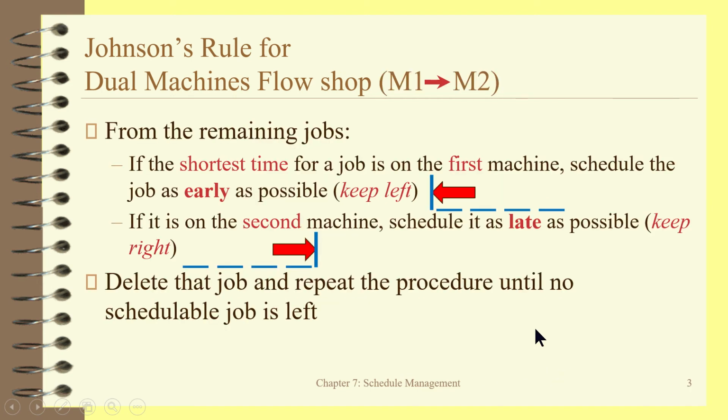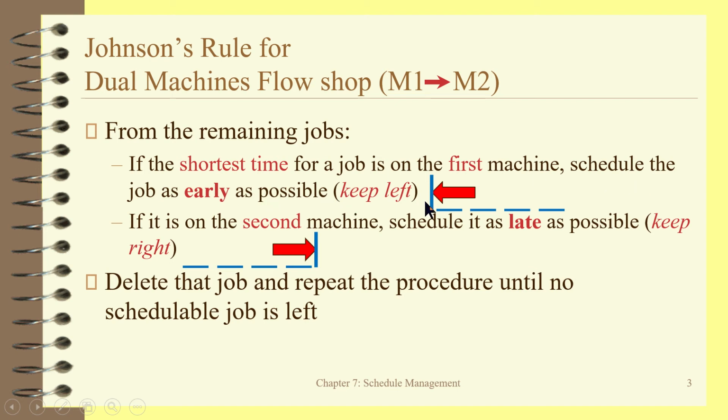So the rule that you need to follow is Johnson's rule, for minimizing makespan of the dual machine flow chart. From the remaining jobs, we will show you the question later on. From the remaining jobs, if the shortest time is on the first machine, then you need to schedule that job as early as possible.